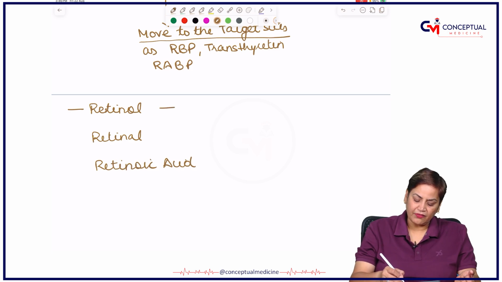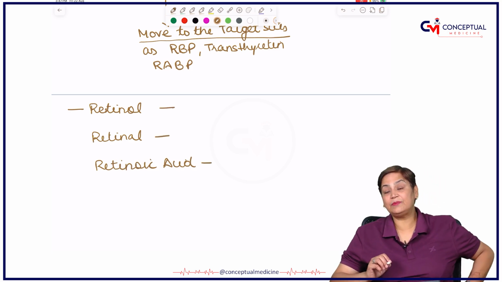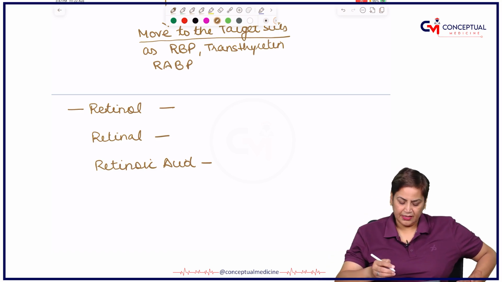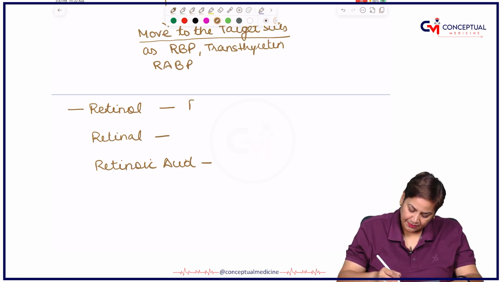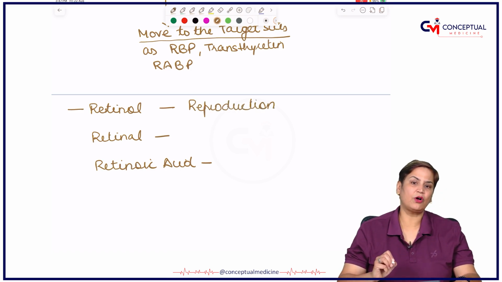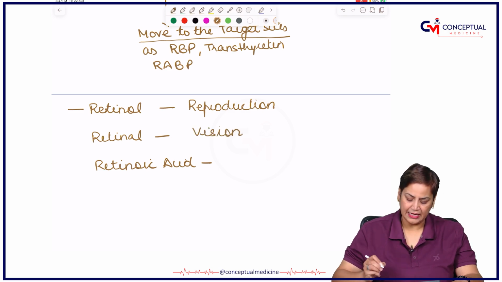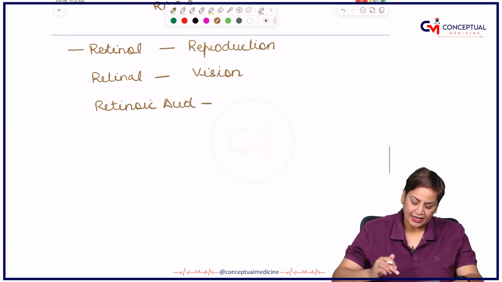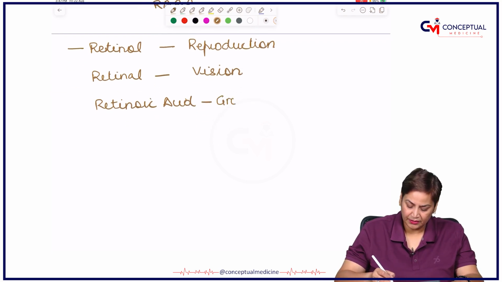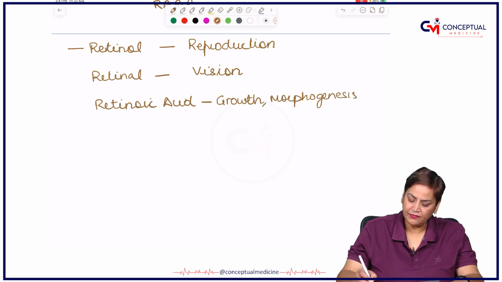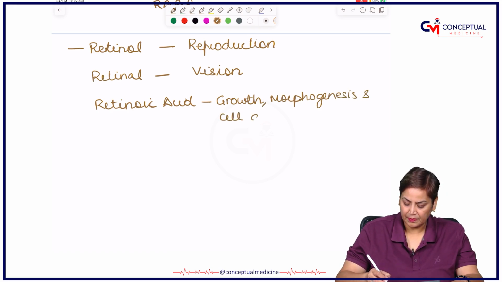So the function of retinol is it helps in reproduction. If we talk about retinal, it helps in vision. And if we talk about retinoic acid, it helps in growth, morphogenesis and cell differentiation.